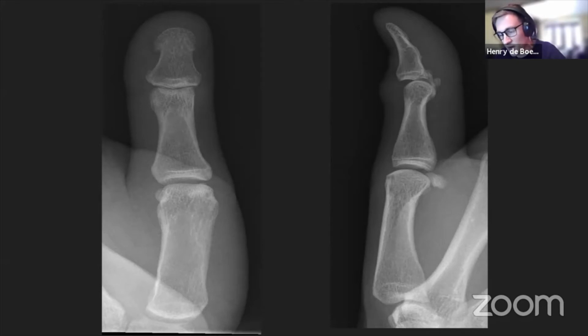So distal radius fractures, the most common fracture that we see. Fractures of the metacarpal necks, really common, particularly in people that are punching things. And then phalangeal fractures, incredibly common.